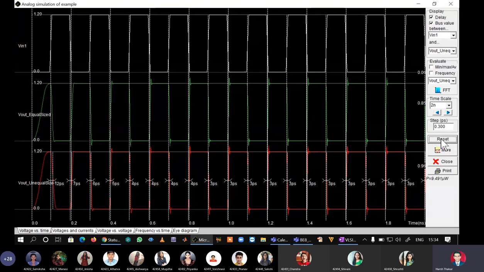So when I am using properly sized PMOS and NMOS devices in a CMOS inverter, then I am getting equal rise time and fall time. Let me see, when I'm using equal sized, am I getting T rise not equal to T fall? Let us see. So unequal sized, maybe I'll say equal sized.